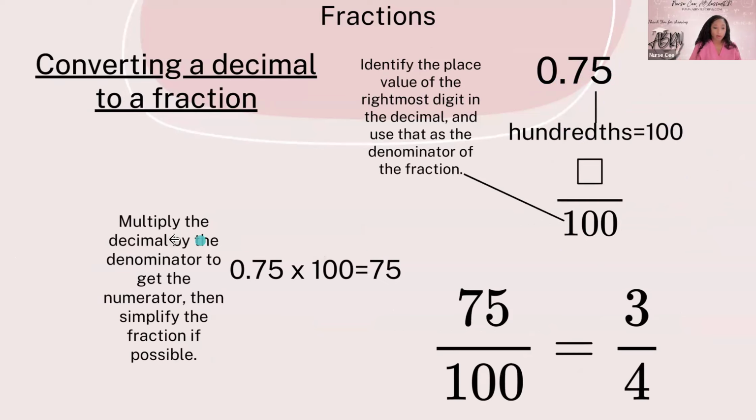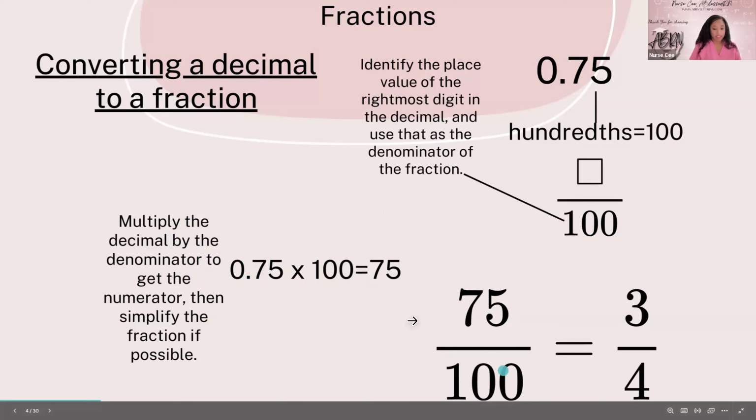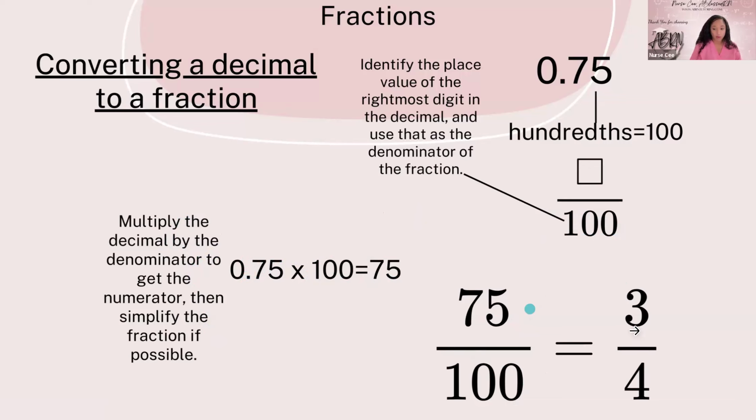Then you would multiply the decimal by the denominator to get the numerator, and then simplify it if you can. Since we have 100 as our denominator, we multiply that by 0.75, and we get 75, and we'll put 75 over 100, which is further broken down to 3/4.